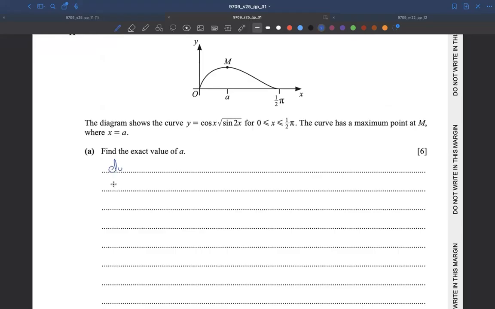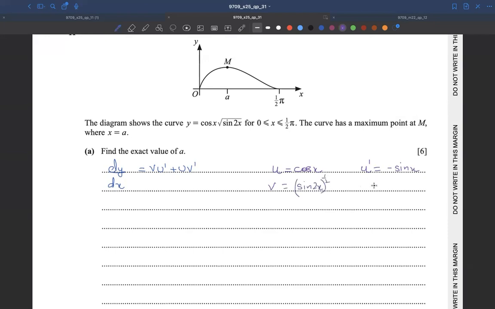So, as the two terms are multiplying, we'll have to apply vu' plus uv' to find dy/dx. Now, we know that u is equal to cos of x, so u' can be written as minus sine of x. And v is sine 2x to the power of half.